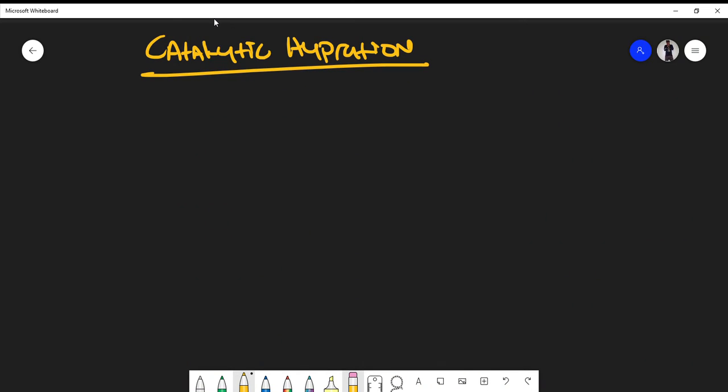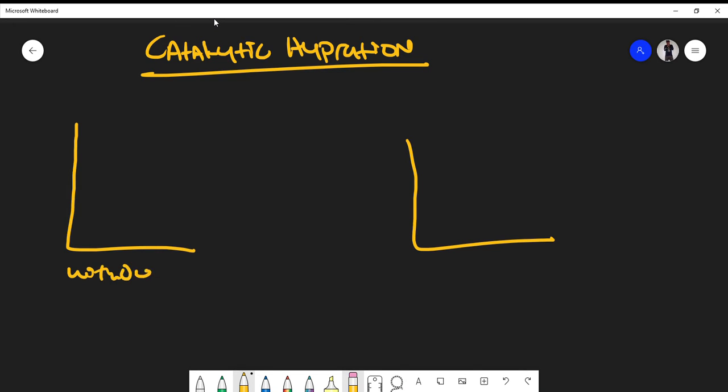So in this video, we're going to talk about the idea of catalytic hydration of an alkene. Now, I wanted to show you guys a diagram to kind of appreciate why we may need to use these reactions at times, right?